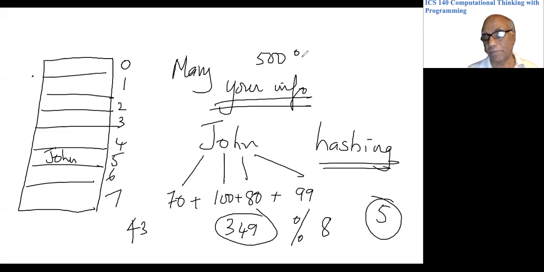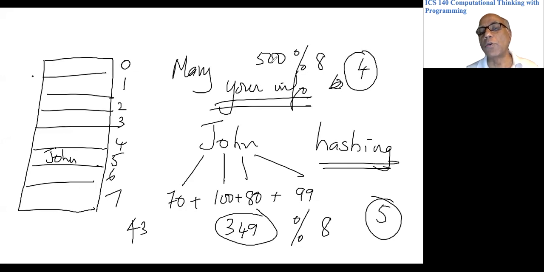If I do a mod with 8, this goes in 62 times and the remainder is 4. So Mary's information will be stored here.